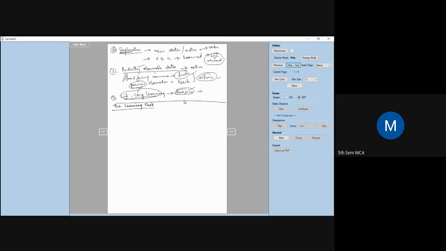How does a learning happen? Learning, as I told, the robo has to learn some strategy, or it has to learn some policy based on which it is going to choose its actions so that it gets the maximum reward. This is what it has to do, right? So how can we formulate this particular problem of learning these control strategies or the policies?